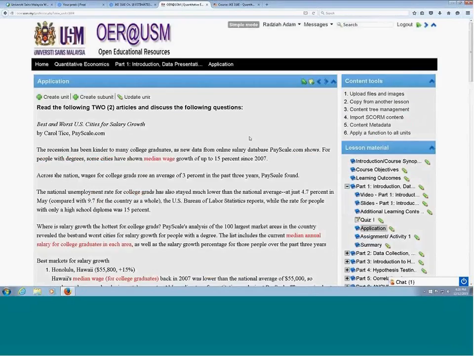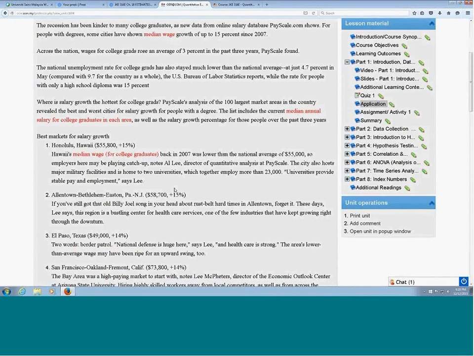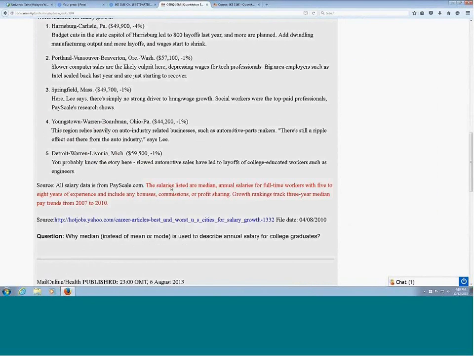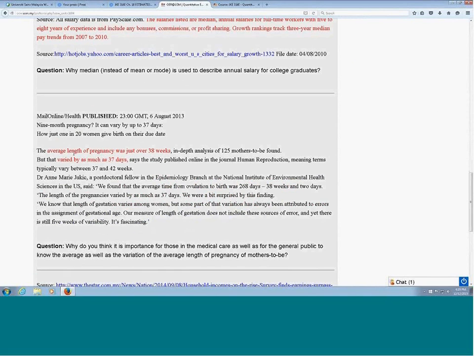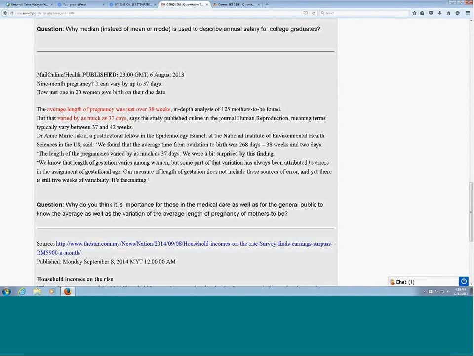When we discuss wage, why shouldn't they calculate average wage in terms of arithmetic mean? Why do they not use mode for wage? You have to think, because that will go back to the advantages and disadvantages of using the different mean, median, and mode.